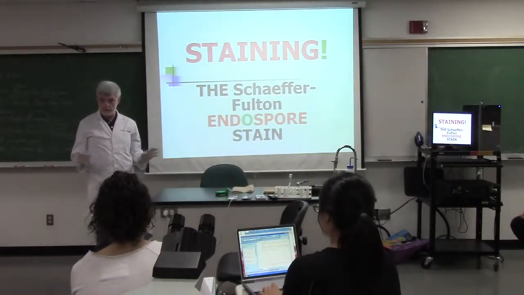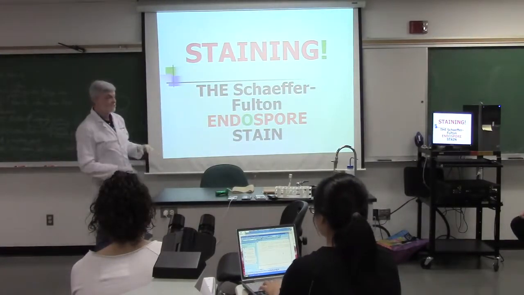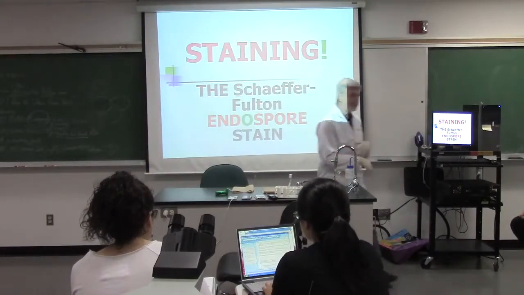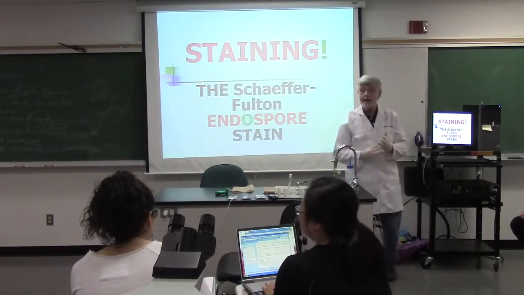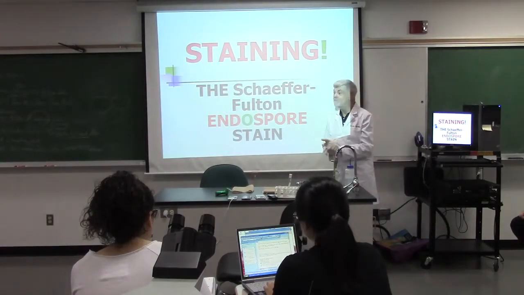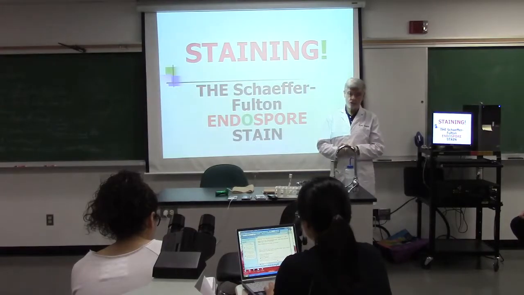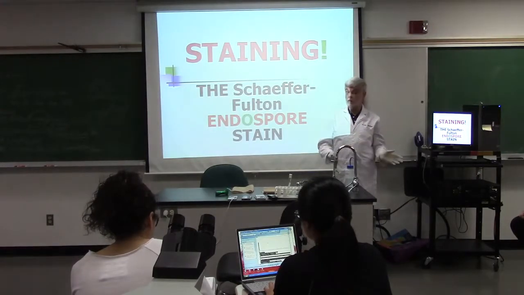It is a nightmare stain. It spreads, it stays on your hands for 2 weeks, it stays on your face for a week. It binds to the glass forever. It is a big pain to work with. And so you do not want to overcook it.